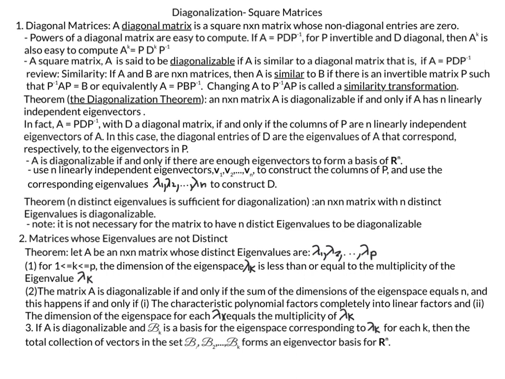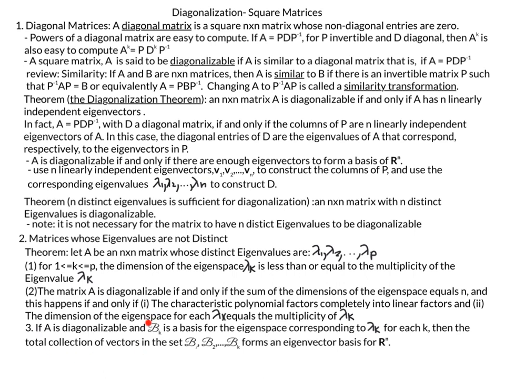First, an n by n matrix is diagonalizable if and only if A has n linearly independent eigenvectors. Our next theorem tells us n distinct eigenvalues is sufficient for diagonalization. And then we have this last theorem, which says that a matrix A is diagonalizable if and only if the sum of the dimensions of the eigenspaces equals n.